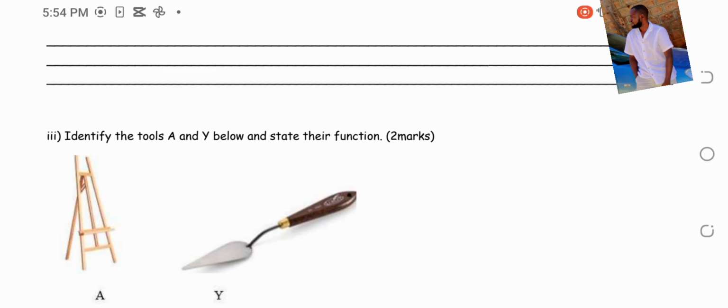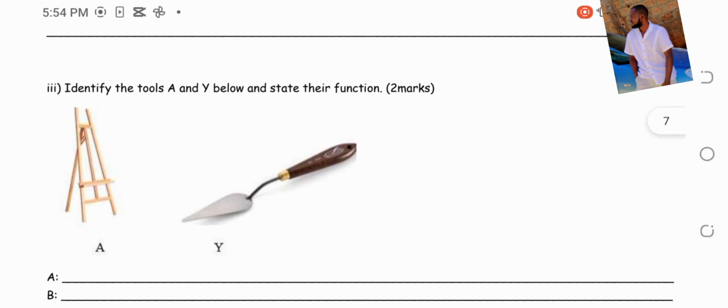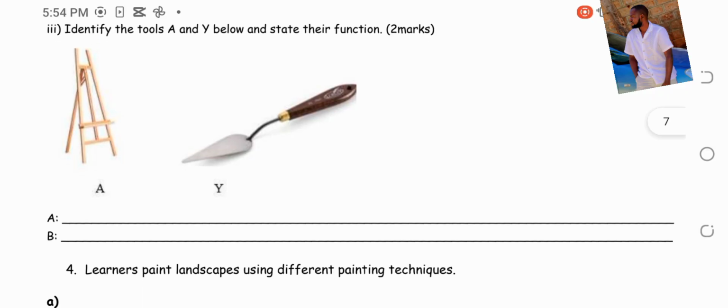Then number three, identify the tools A and B and state their functions. When we look at this one, A is a flat wash, which is used for sketching.